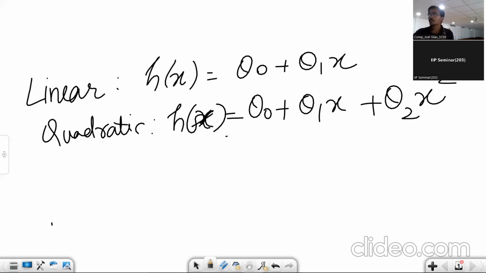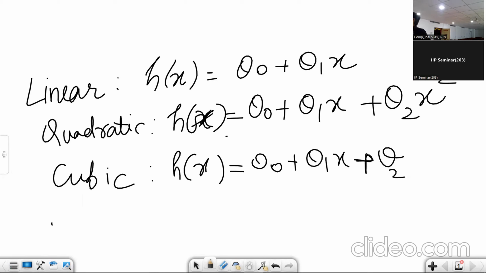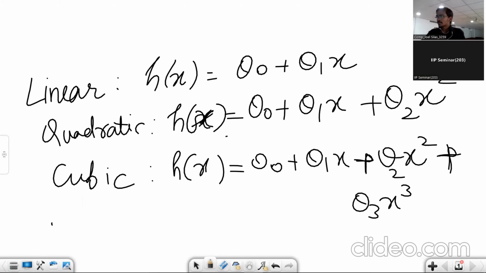Suppose we talk about a cubic function, then we have h of x equal to theta 0 plus theta 1x plus theta 2x squared plus theta 3x cubed. Right? Where x is a feature.